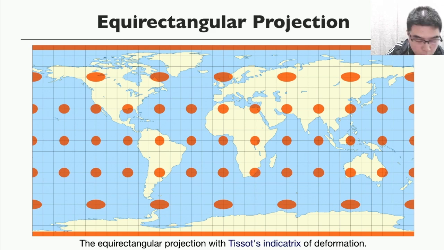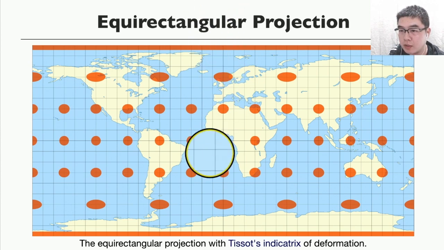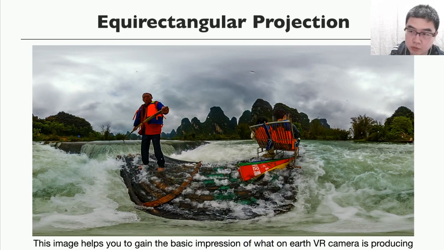Yes, and this one will give you a basic impression of the equirectangular projection. So every circle will look weird, especially at the zenith and the nadir. So that's why every time you look at equirectangular panorama photos, you will feel like it's warped, right?